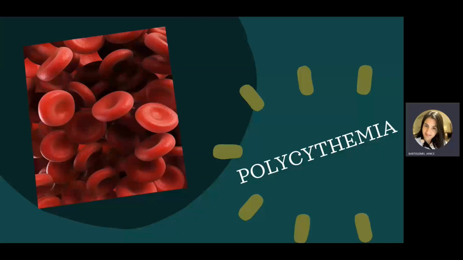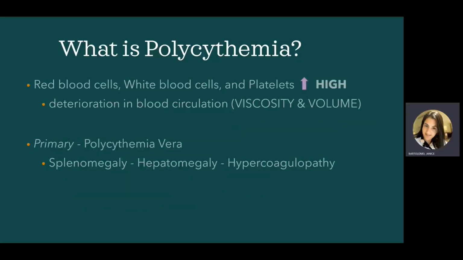Then with poly, the vascular system is basically deteriorating because we've got so much going on. So we have high red blood cells, white blood cells, and platelets. The vascular system, the blood circulation, deteriorates because of the viscosity and the volume.